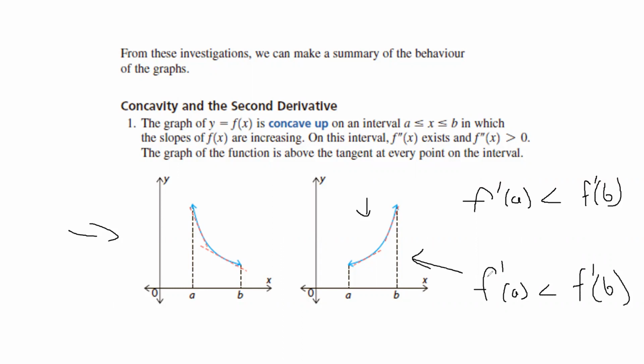Does it make sense? In both cases, we have the same relation between the first derivative in the beginning and at the end of the interval. Because keep in mind, right now we're looking at a certain interval.